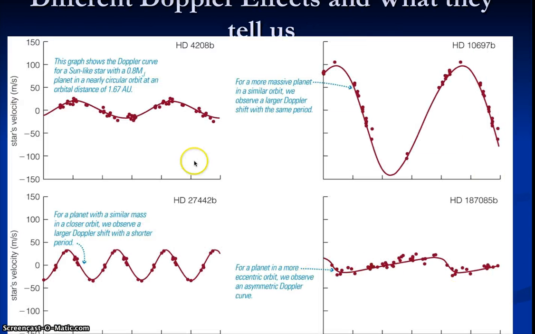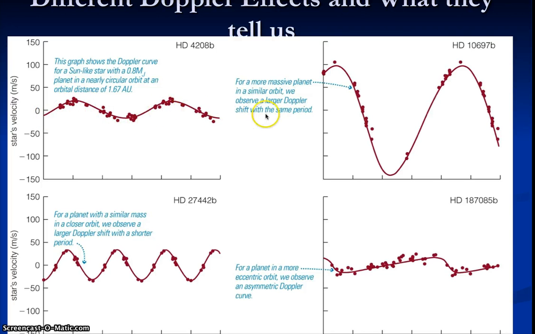Here are some graphs of different stars, and you can see how the Doppler curve changes depending on different things. So for instance, in this curve, we have a planet that's almost the mass of Jupiter at a distance of about 1.7 astronomical units, and this is what the curve looks like.